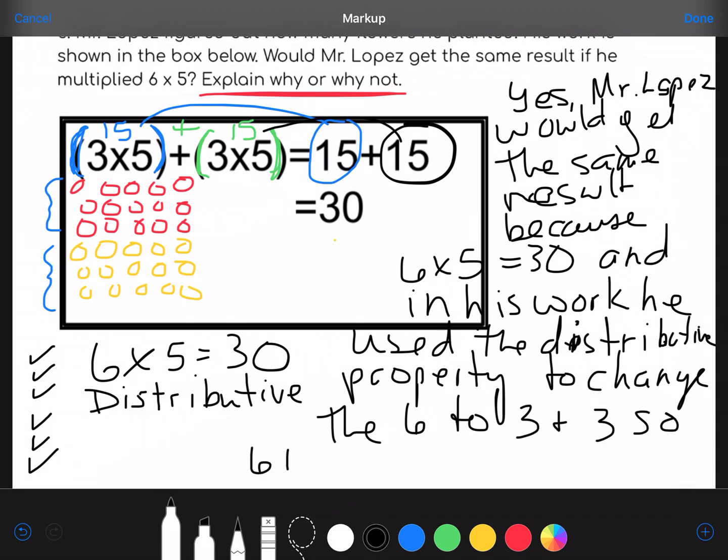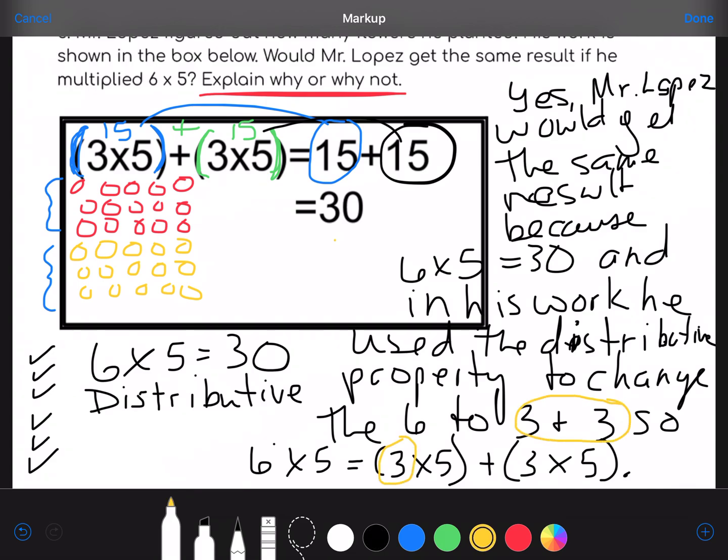So 6 times 5 is the same as 3 times 5 plus 3 times 5, right? And that 3 plus 3 is right here, 3 plus 3, because 3 plus 3 is 6. So there's your distributive property, is spreading out the 6.